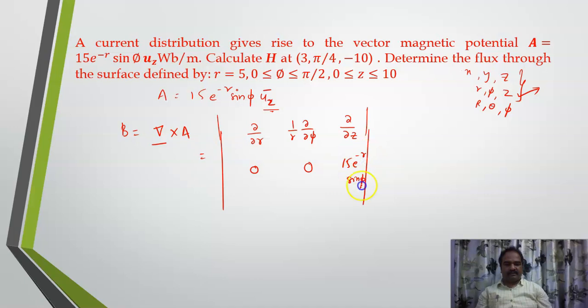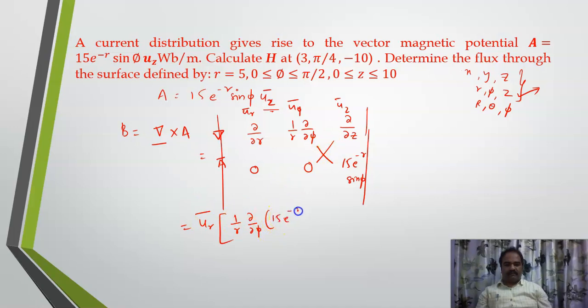Here these are r, phi and z. So we get ur into 1 by r dou by dou phi of 15 e to the power of minus r sine phi, and so on. This is B.